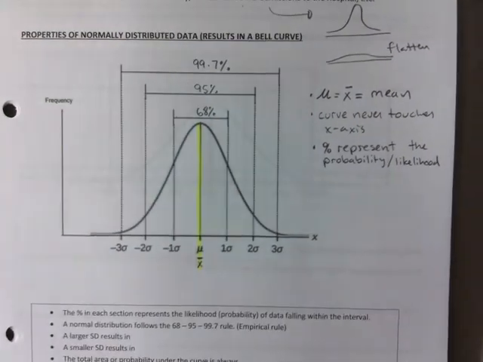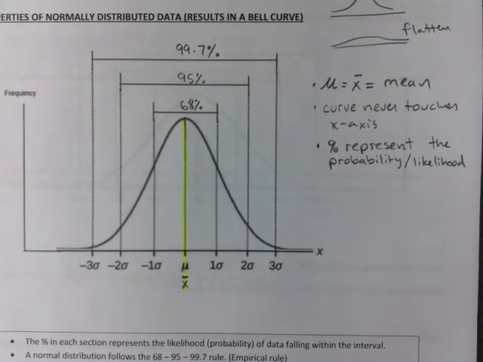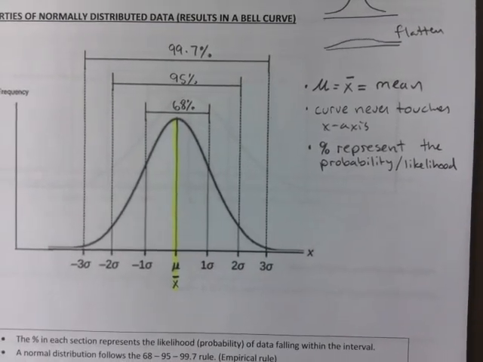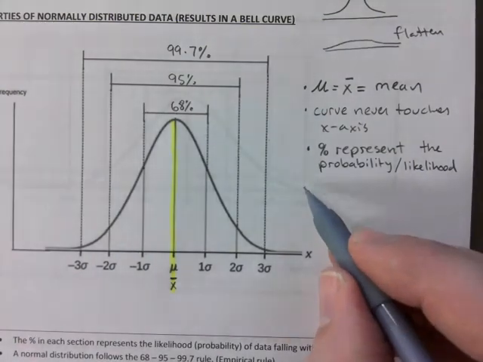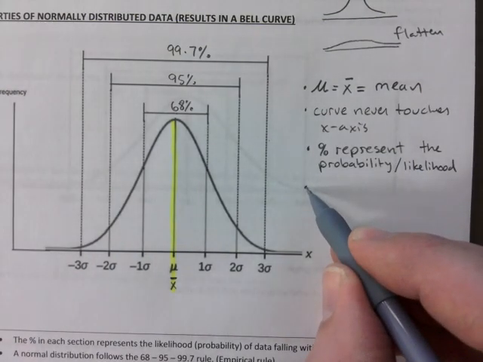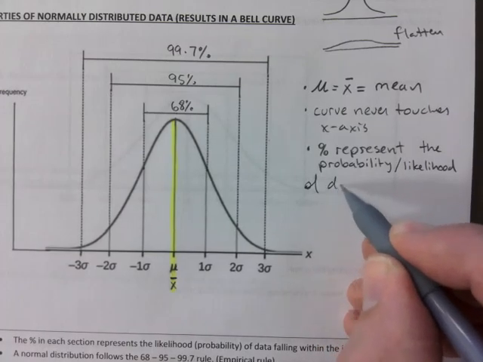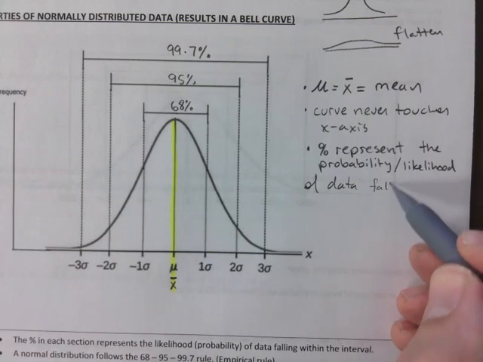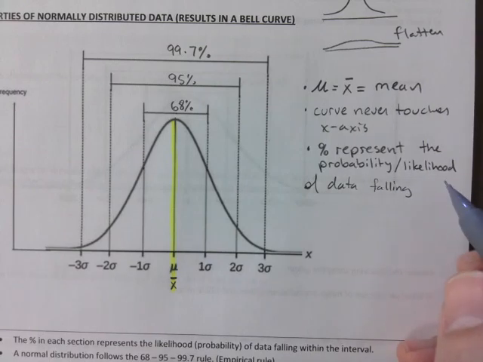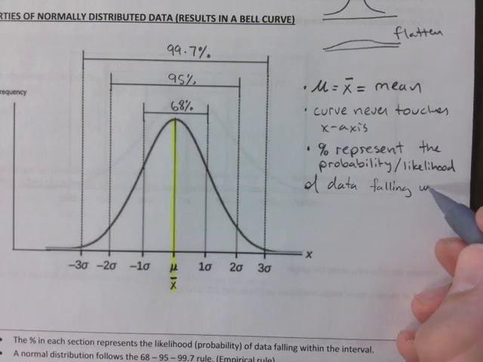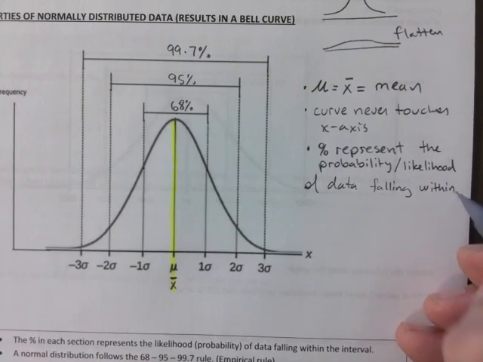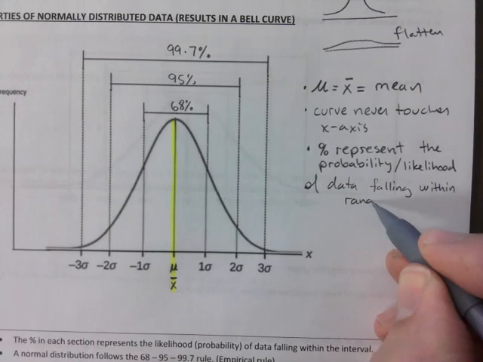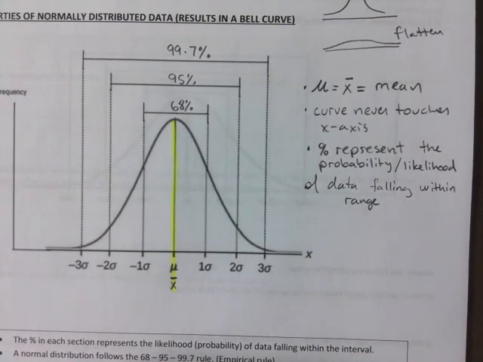Let me zoom into that because some of you are having a hard time reading that perhaps. Of data falling within that given range, okay?